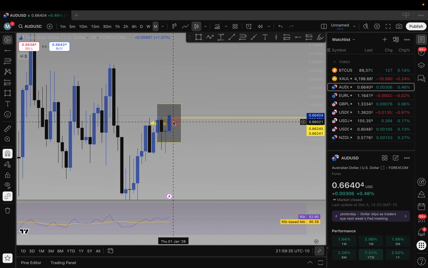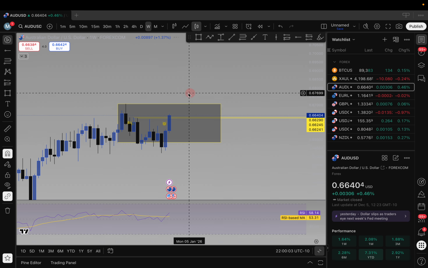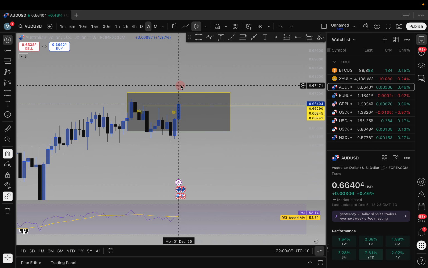So now we are on a bullish. Now we know that we're bullish because this is a bullish theory candle, right? See how it made a pullback. Then now we broke this. We're breaking this bearish candle. So now on the monthly we're bullish, and then on the weekly, let's see.